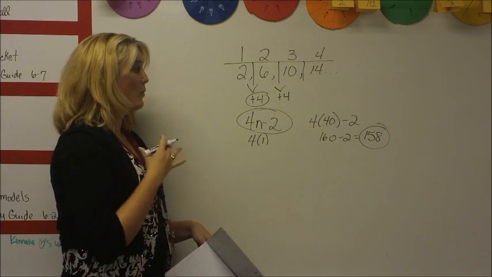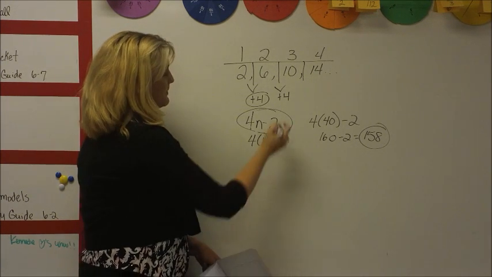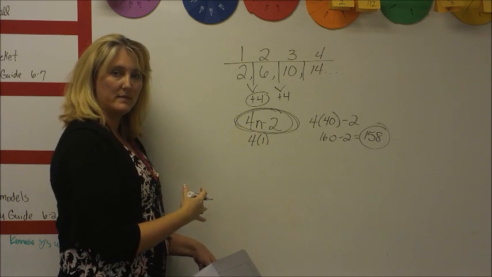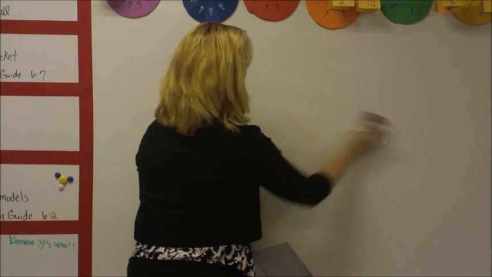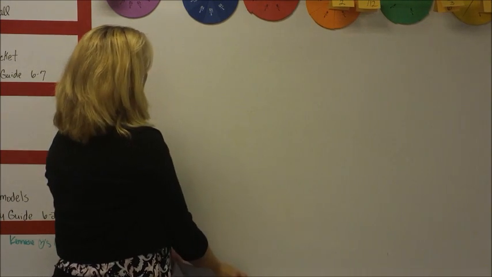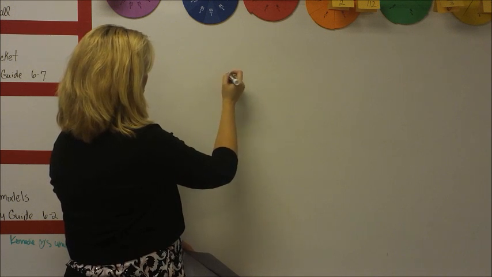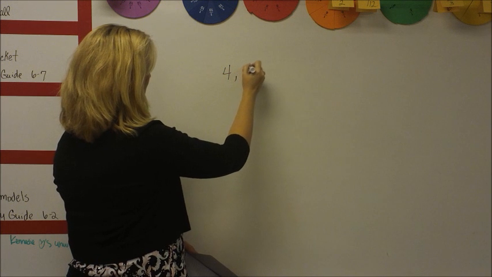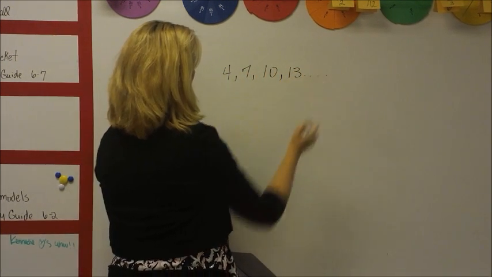So I'm just going to leave one example for you, and I want you to figure out what the expression would be to find any term in the sequence. Okay? So here's the sequence I want you to figure out. We're going to do 4, 7, 10, 13.